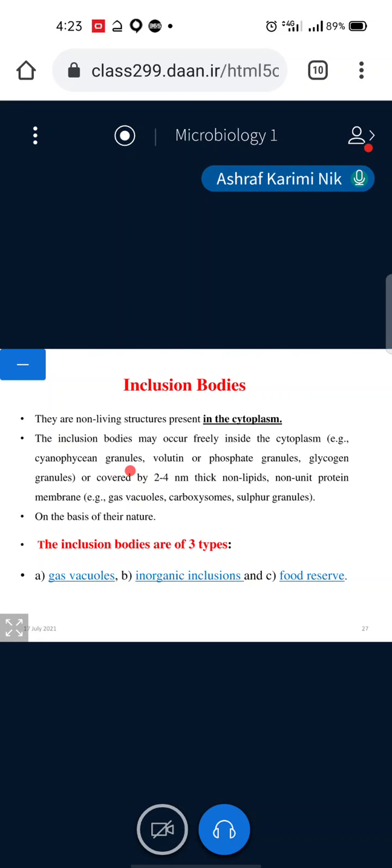For example, cyanophycin granules in cyanobacteria, volutin or phosphate granules in Corynebacterium diphtheriae, and glycogen granules in some Clostridia or some enteric bacteria.